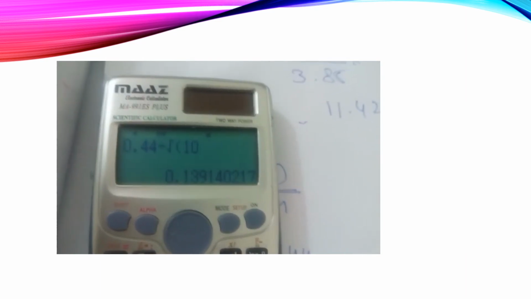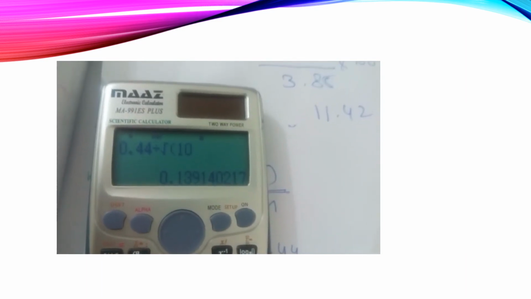The sample size is 10. 0.44 divided by the square root of 10, and the answer is 0.13. In this question we covered mean, standard deviation, standard error, coefficient of variation, and variance.